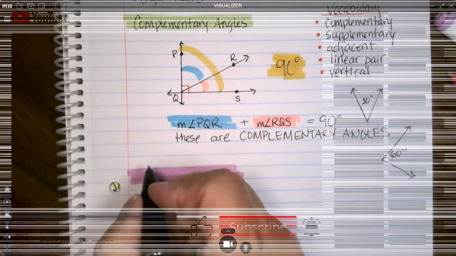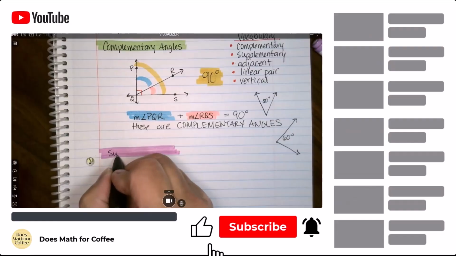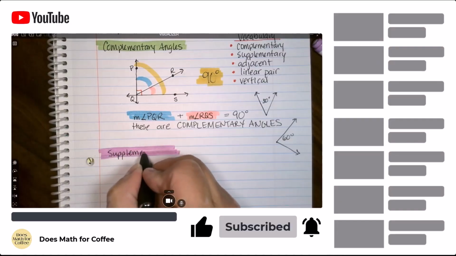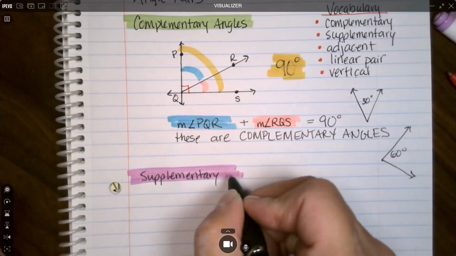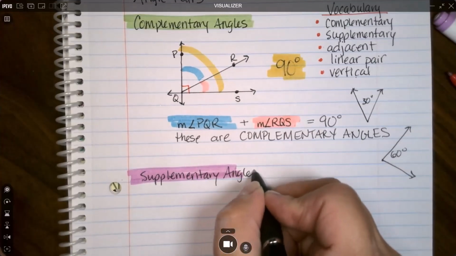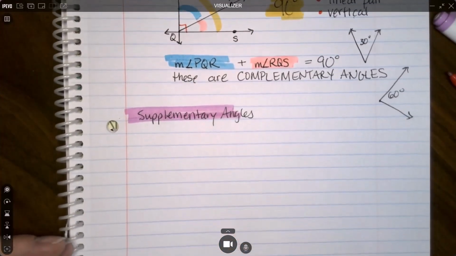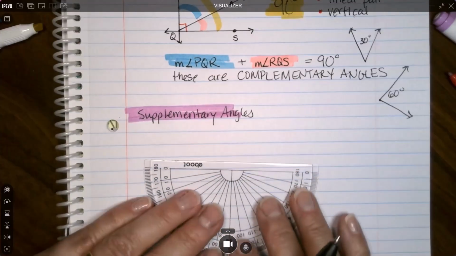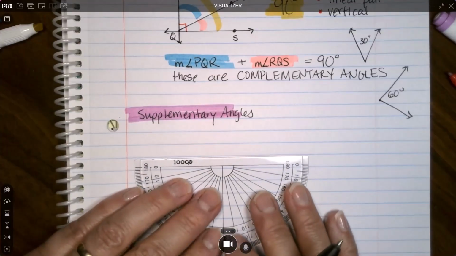All right, let's go to supplementary. To draw supplementary angles, again, they don't have to be right next to each other, but this is the easiest way to think about it.